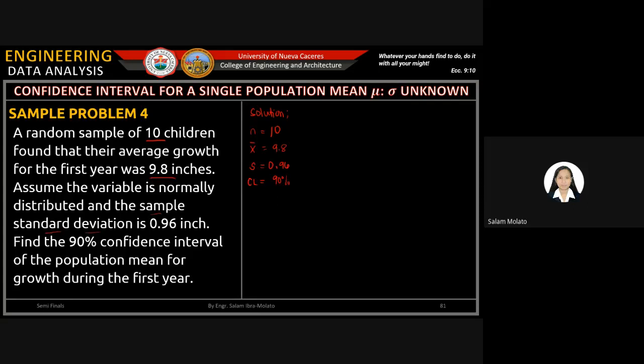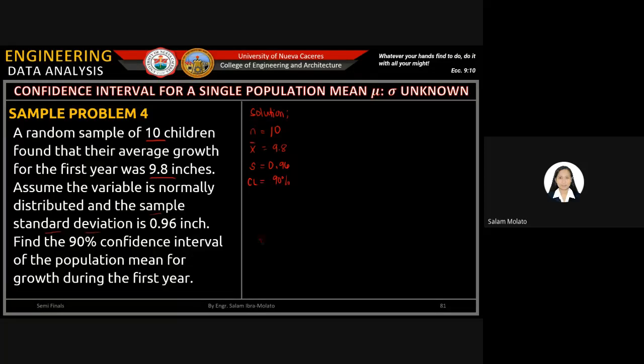Okay, we already identified that T ang gagamitin natin. So, we proceed now in identifying the value of the T critical. But to know that, kailangan we need to find the T sub alpha over 2. Let me write na lang para mas nakikita nyo kung bakit kailangan natin tong hanapin.